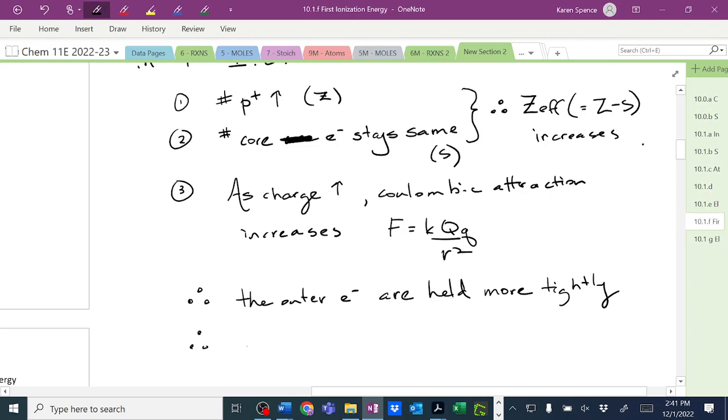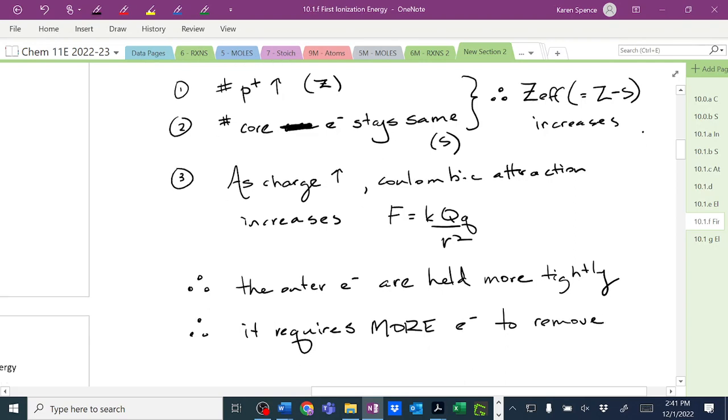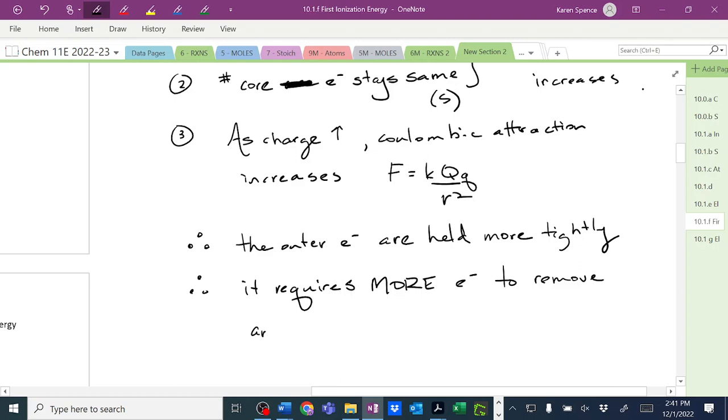Therefore, it requires more energy to remove, oh, wrong E. It does not require more electrons to remove an electron.